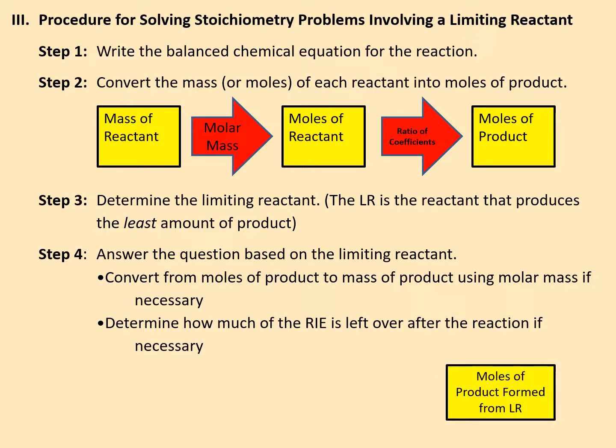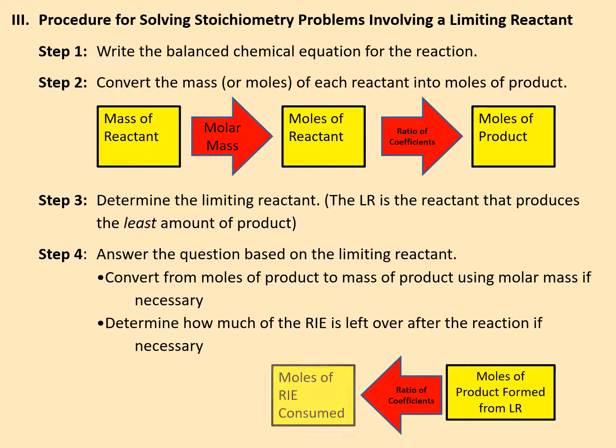The moles of product formed from the limiting reactant, you know that from steps 2 and 3. You can then work backwards using your ratio of coefficients to find the moles of the reactant in excess that will be consumed.